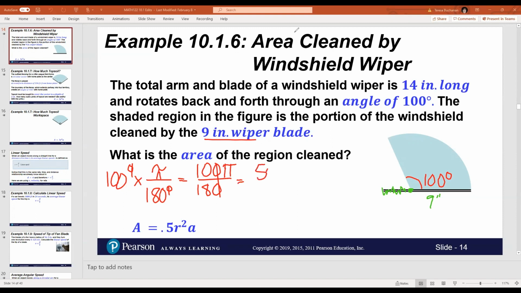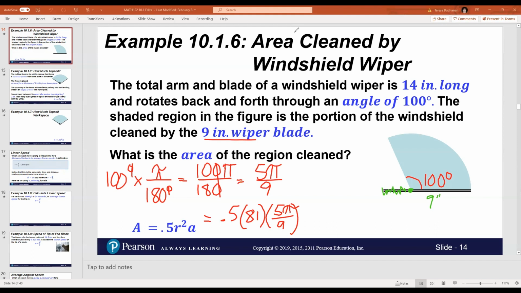So I get 5 pi over 9. That's the angle in radians. 100 degrees is 5 pi over 9 radians. So that area is going to be 0.5 times the r squared, 81, times the 5 pi over 9 radians.